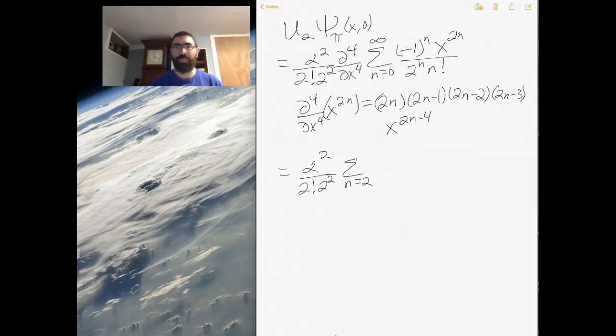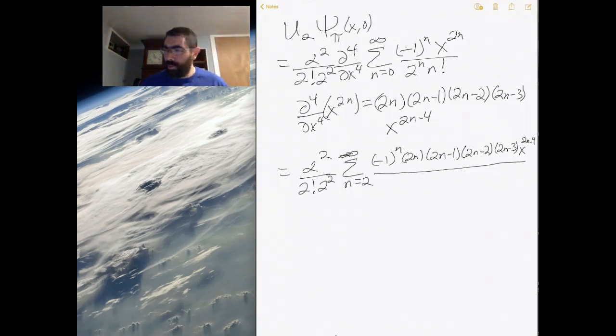So n equals 0, n equals 1, eventually, since there isn't a power of 4, those things are going to take the derivative of a constant, and it's going to be equal to 0. So we have n equals 2 to infinity of minus 1 to the n power times 2 to the n, 2n minus 1, 2n minus 2, 2n minus 3, x to the 2n minus 4 power divided by 2 to the n factorial.